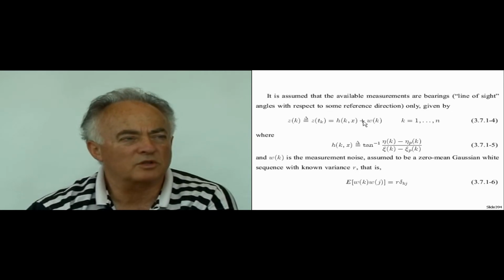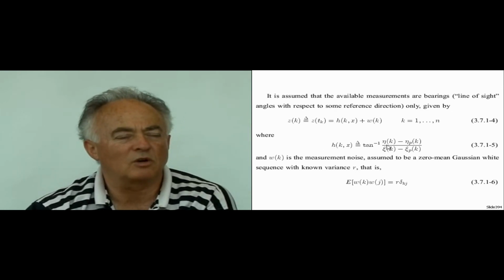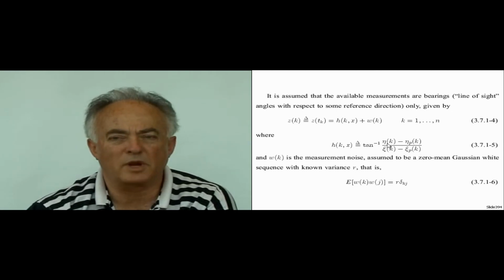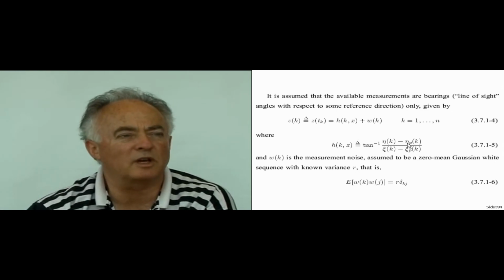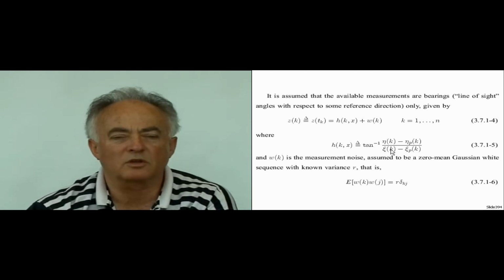Wk will be noise. Hk is the angle, that's arctangent, the difference between the eta of the object of interest and our eta, platform eta at time k, divided by the psi of the object of interest minus psi of the platform.